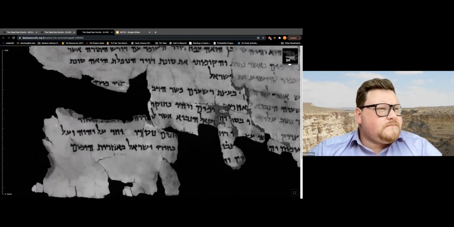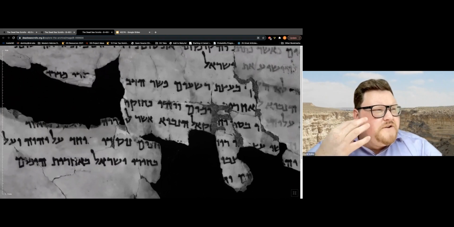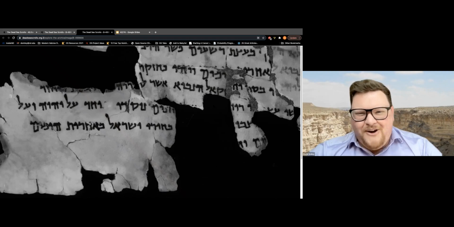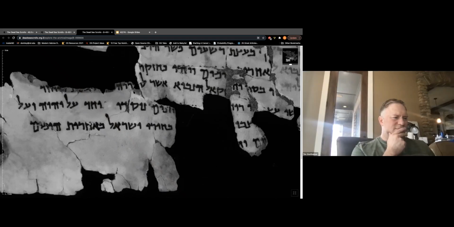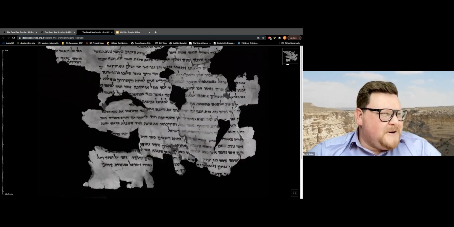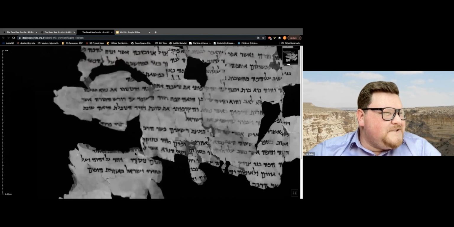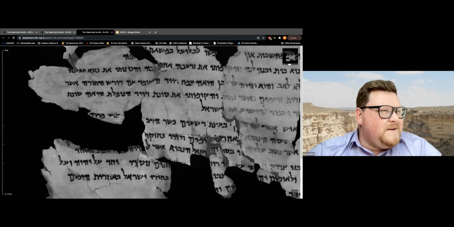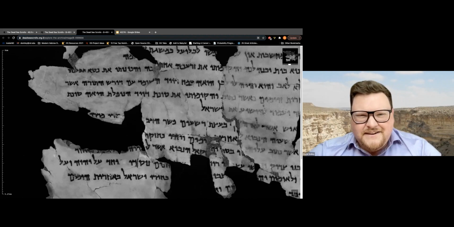And actually, as we're trying to reconstruct and think about the scroll, the way they took the picture of this scroll is wrong. The way this scroll is lined up for the picture, you would think that this line right here, let me zoom in, goes with the previous line where we had the quote with Ezekiel.